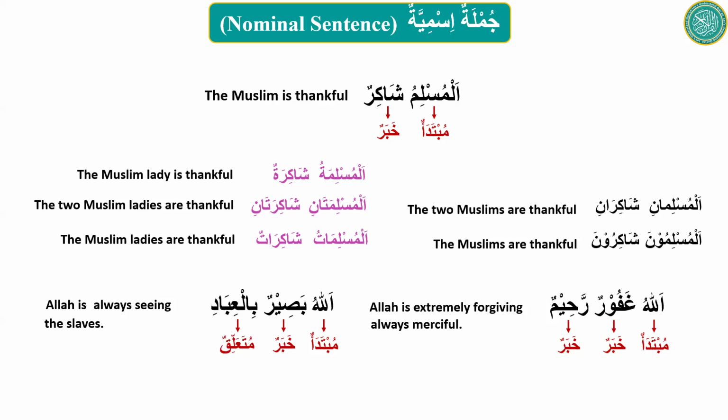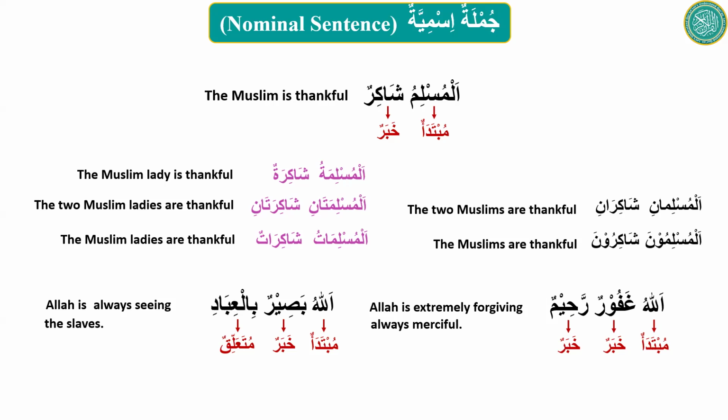So I'm introducing a new term, muta'alliq. Okay, this is a new term, muta'alliq. So when you see a jar majroor in a jumla ismiyyah, you can right away say it is a muta'alliq. In jumla fi'liya, we learned three terms, remember? Fi'l, fa'il, and maf'ul.